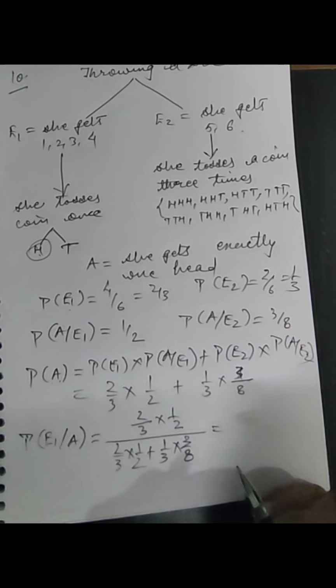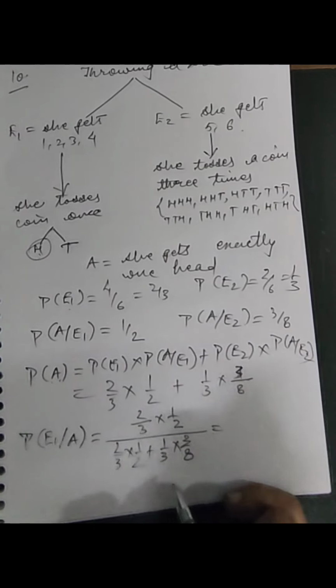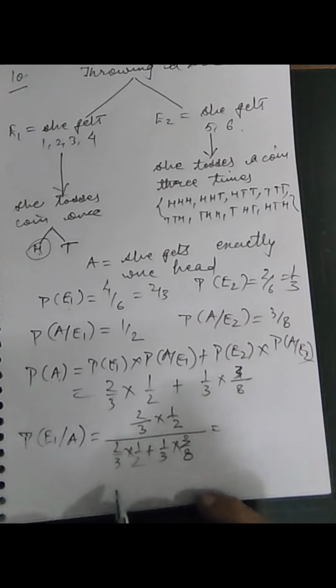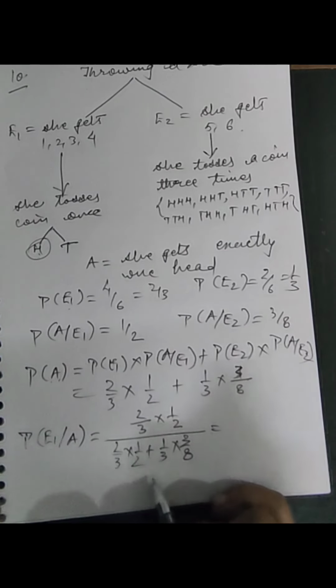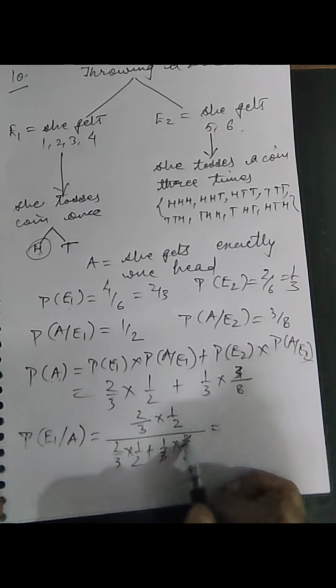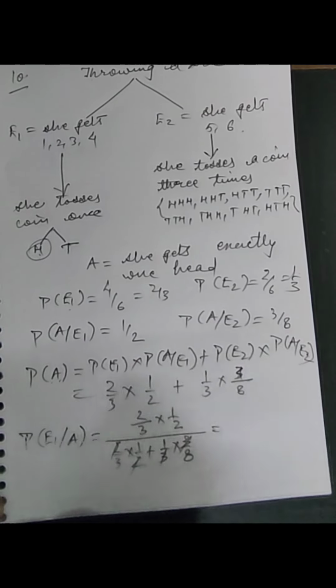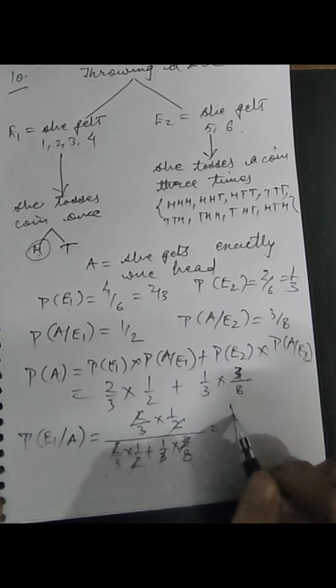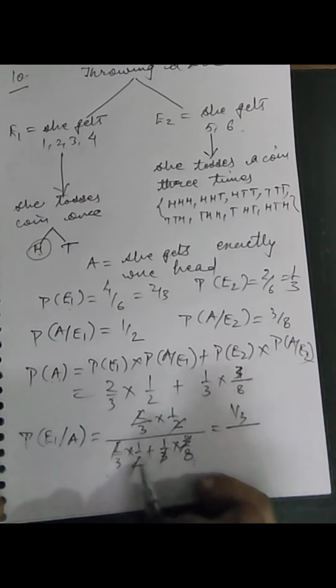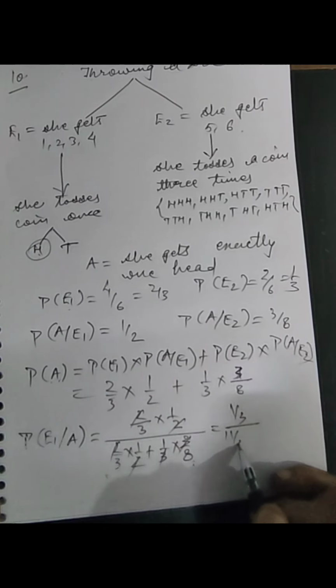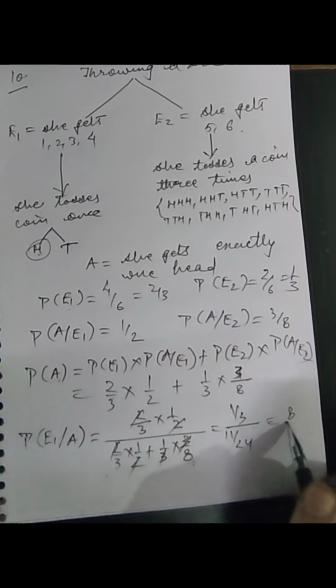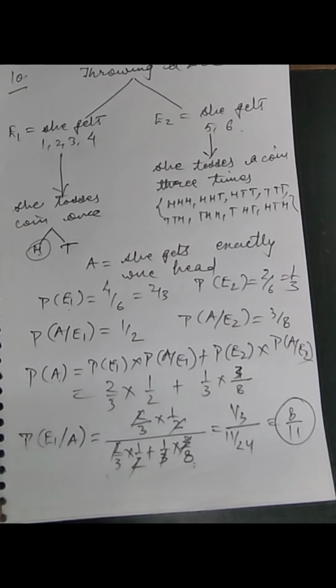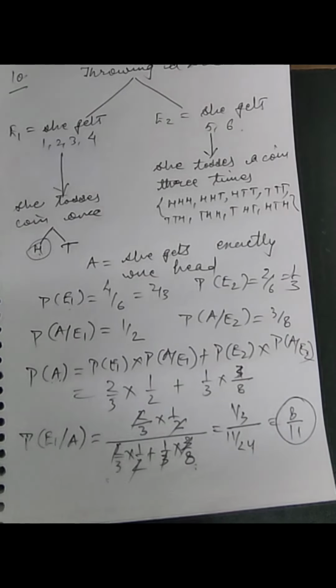And when we solve this, 3 and 3 cancel out, 2 and 2 cancel out, 8 3s are 24, here 2 and 2 cancel out, 1 by 3 upon this is 8 and 3, 11 upon 24, 3 8s are 8 upon 11 is the required probability. So I hope you understand very well.